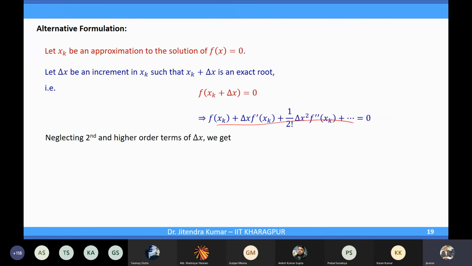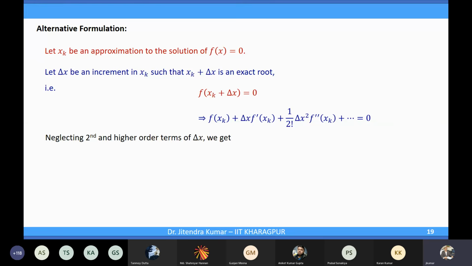Naturally we have infinitely many terms, so we cannot formulate anything with all of them. So we neglect the higher order terms and keep only up to the linear term.